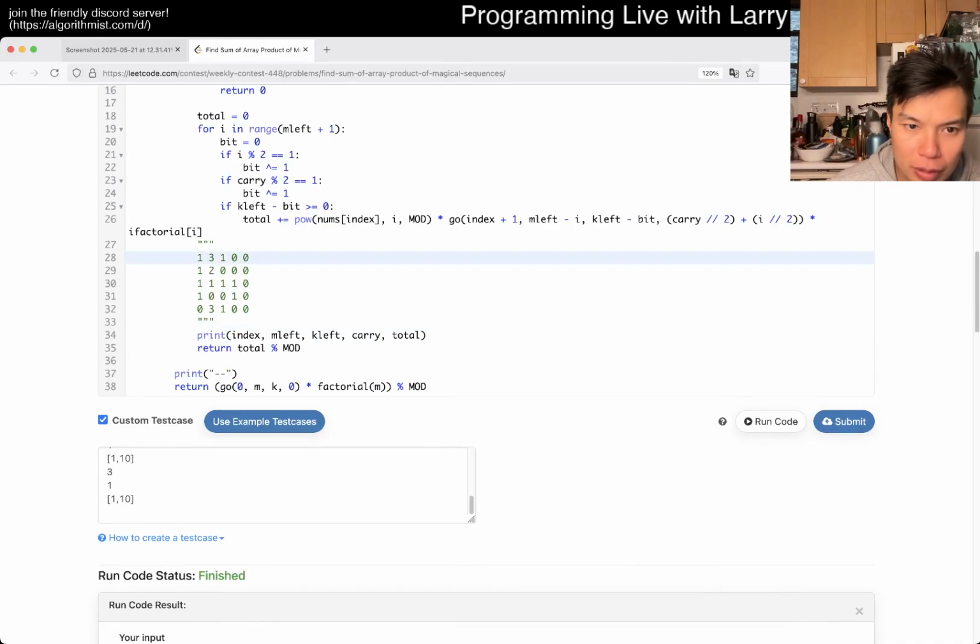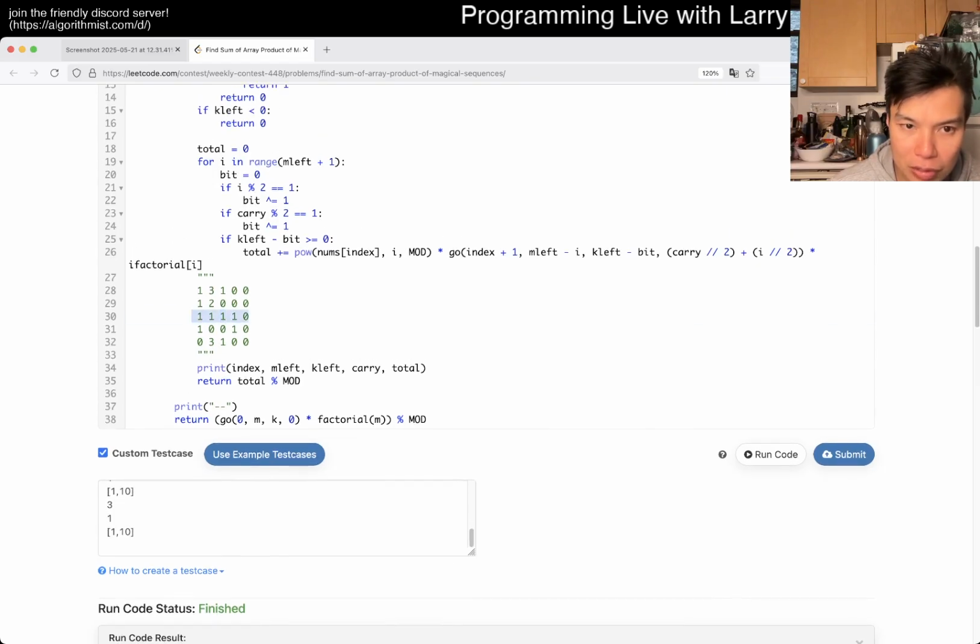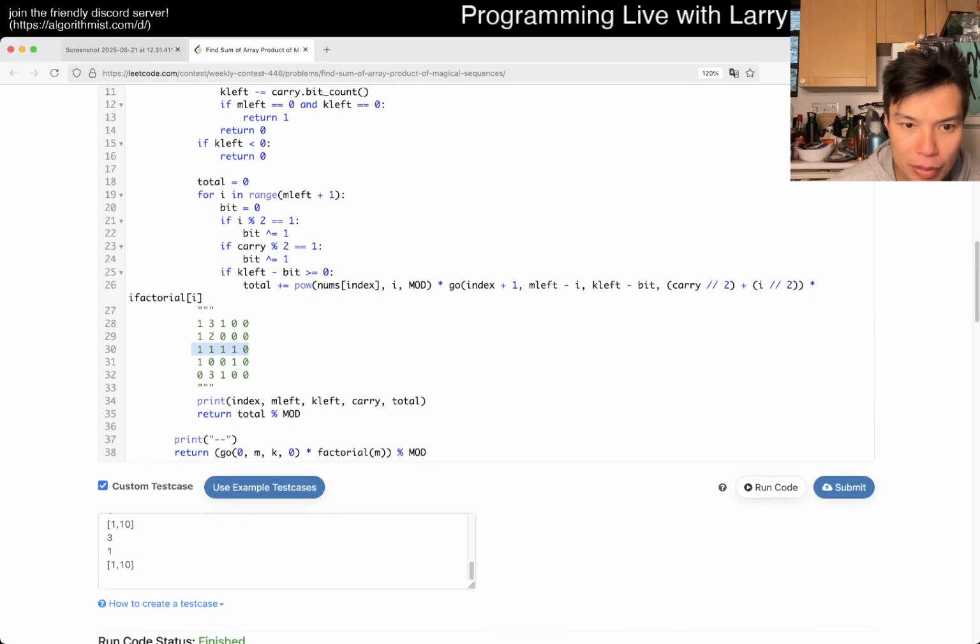Okay, so here index 1, m left, because we use 2, so we have 1 carry. K left is 1 because we used the 1 carry. Okay, that's fine. This should be non-zero. Okay, m left, so we want to use 1. What does 1 look like?